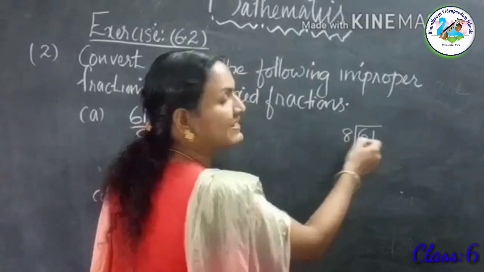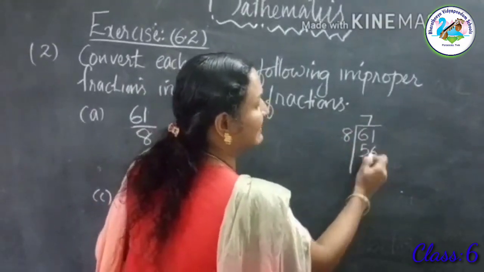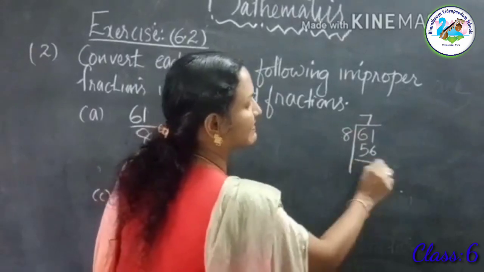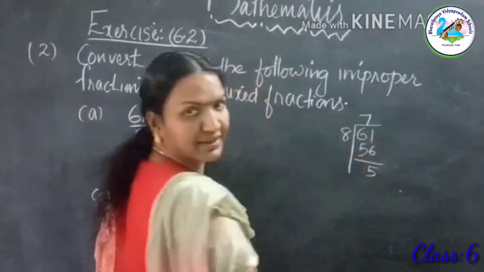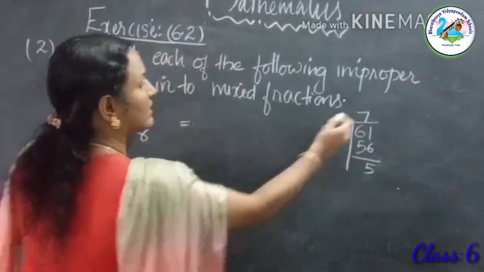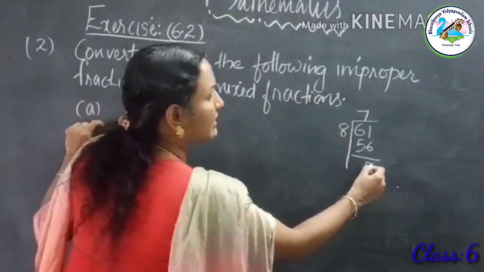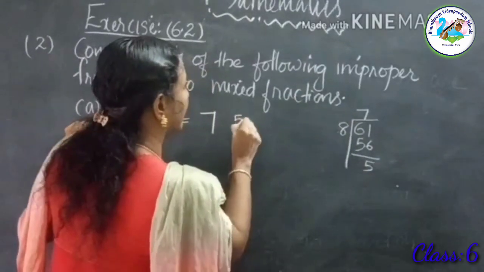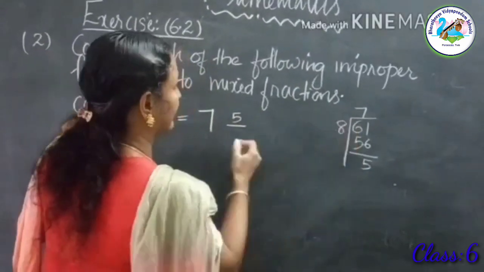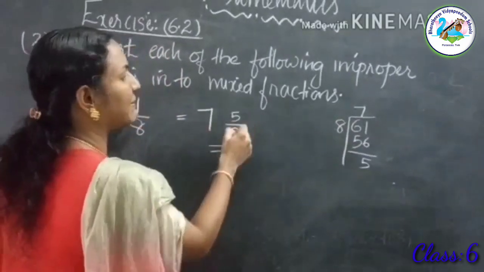How many 8s are in 61? 7 8s are 56 and balance 5. So this can be written as the quotient 7 into the remainder 5 by the divisor 8. So 7 5 by 8.